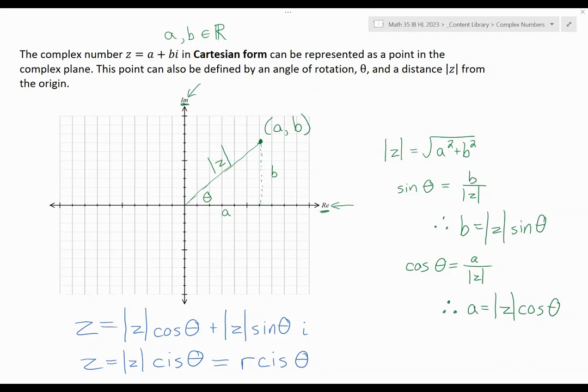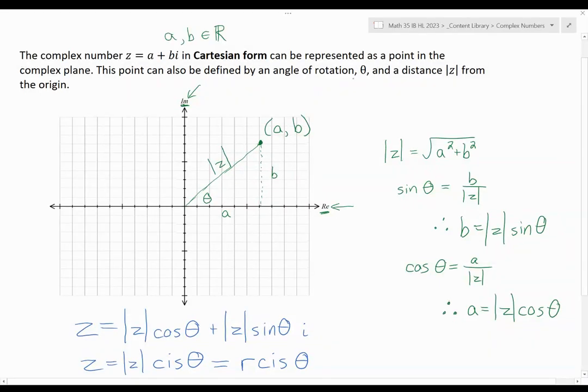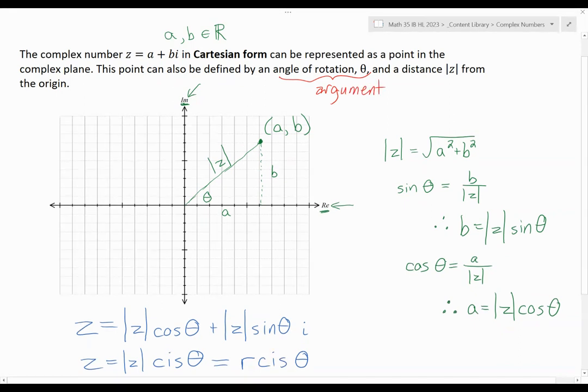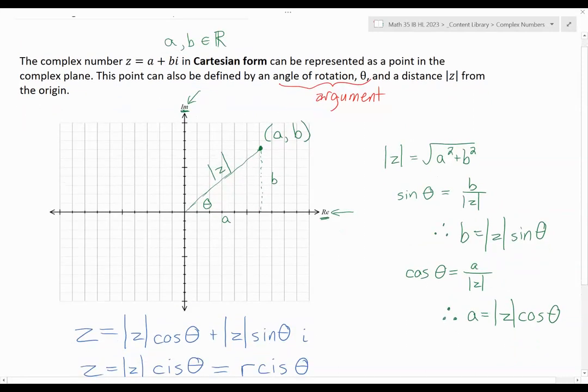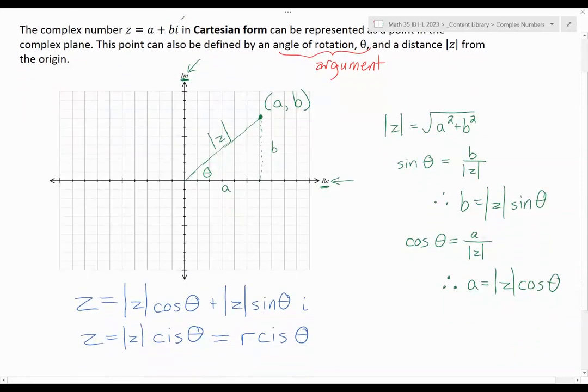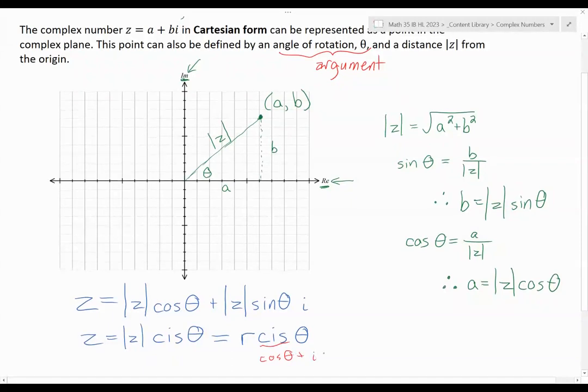So this is a notation that we sometimes use where we are representing the modulus and the angle of rotation. The angle of rotation is also called the argument of this complex number. So the modulus argument form is what we have here of the complex number. We're representing it using cis, where cis is understood to be cos theta plus i sine theta.